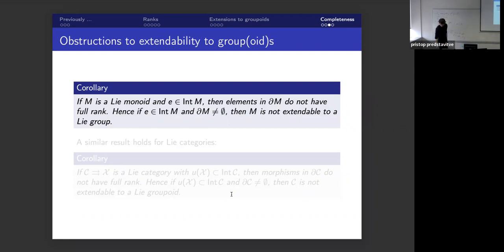Okay. And how do we show this particular statement? Well, by contradiction.